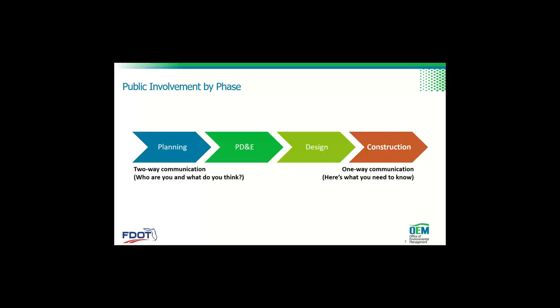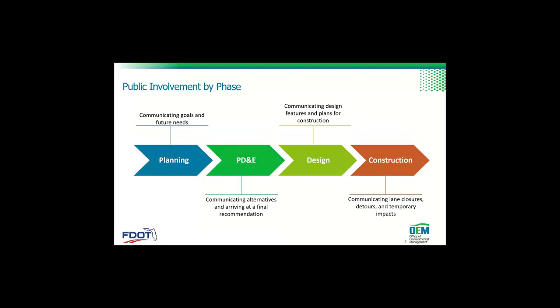As we move into design, we're still doing two-way in some cases. And as we move into construction, it becomes more one-way, with the kinds of things people need to know during construction, like detours and MOT.